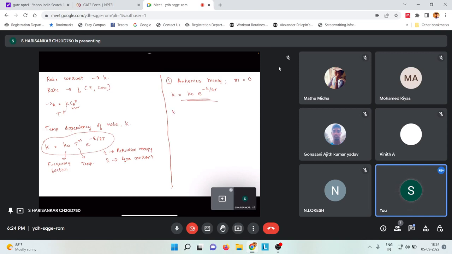So we have a rate constant k1 is equal to k0 e raised to minus E1 by RT1, and k2 is equal to k0 e raised to minus E2 by RT2. Okay. So let's say k1 and k2 are rate constants of two different reactions.